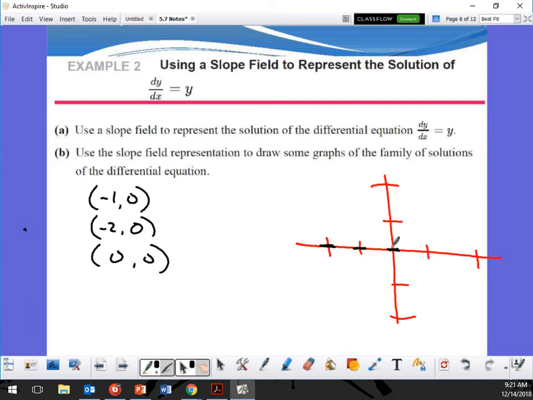What do you think 1, 0 is going to be? Okay. Let's try the next one. So let's go -2 and 1. Slope is 1. -1 and 1, slope is 1.